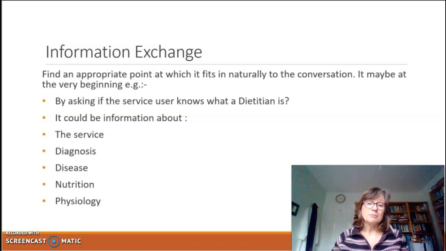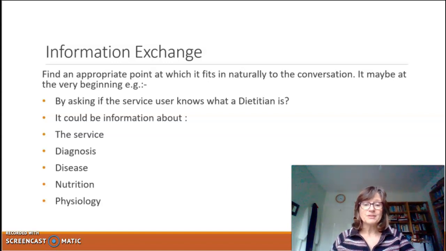It might be something to do with food and nutrition or some understanding of physiology that's really important to their understanding of their condition. There's a range of things that you might want to have an exchange of information with your service user to aid them in their decision making and their understanding of why their diet is going to be really important for their condition.